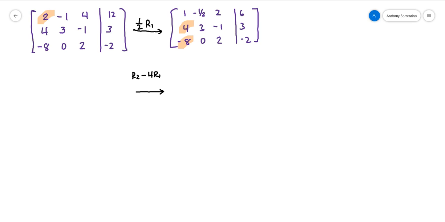For row 3, I want to get rid of that -8 and make it 0, so I'm going to add 8 times row 1, because I want to do 8 times that 1 I have in row 1. So for this one here, row 1 is the only thing that's left alone.